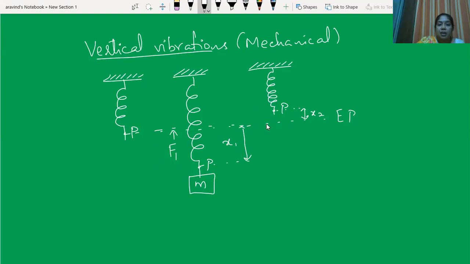When the spring contracts, there is a restoring force acting on the spring in the downward direction so that the spring expands and comes to this equilibrium position. Hence, depending on whether the spring is expanding or contracting, there is a restoring force acting on the spring, which is trying to bring the spring to its equilibrium position.